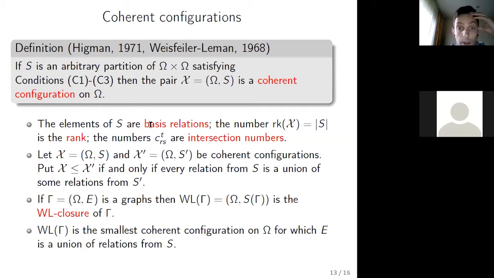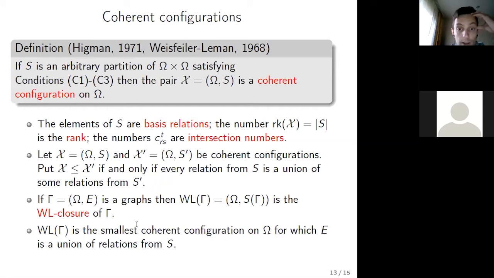One can define a partial order on the set of coherent configurations on the same set in the following way. A coherent configuration X is smaller than or equal to X prime if and only if every relation from S is a union of some relations from S prime.